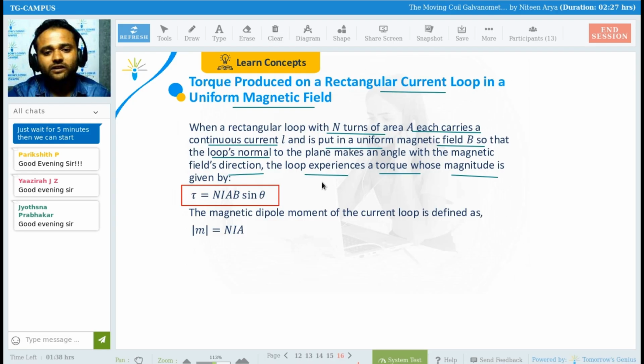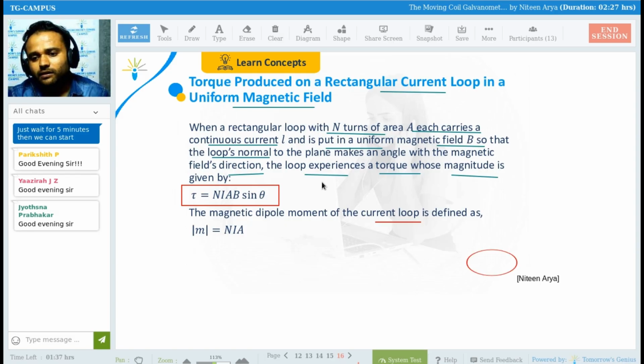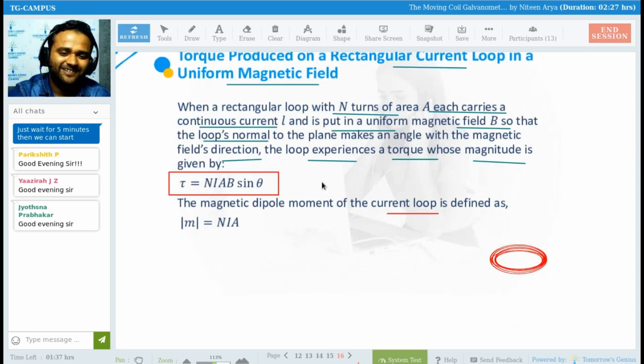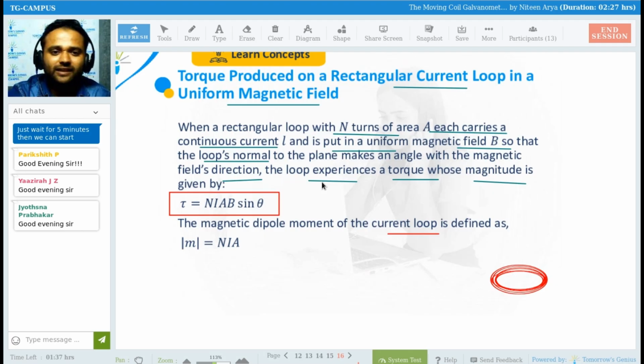And the magnetic dipole moment of the current loop is defined as M, which is NIA. Instead of the simple one, what is the meaning? We just put N. Nothing more than that. Again this one coil, again this one coil, again this one coil. You can imagine a bunch of bangles. So now you think there are n number of turns, and for these n turns we have this kind of radius.